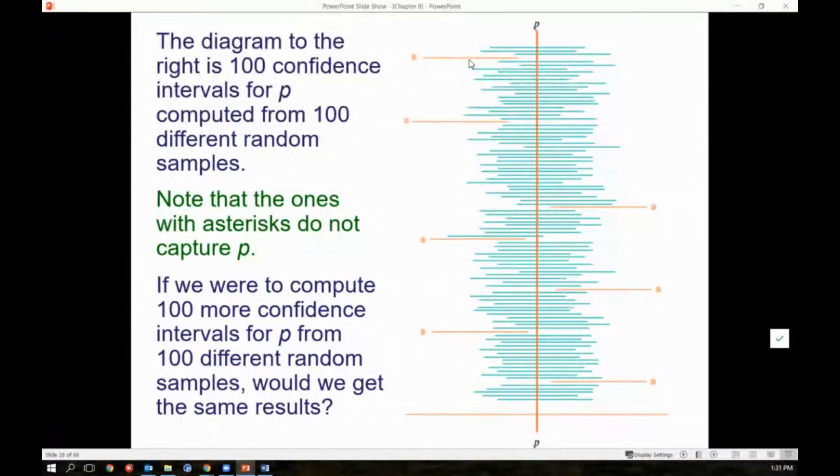If we were to compute 100 more of these intervals, do you expect our results will look exactly like this one? No, probably not. Why? It's random. What's our vocab word that we talked about?